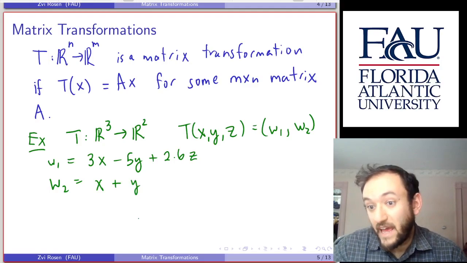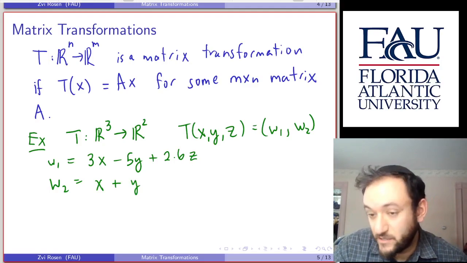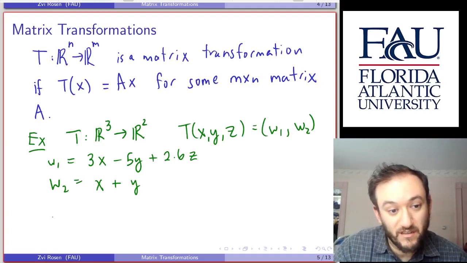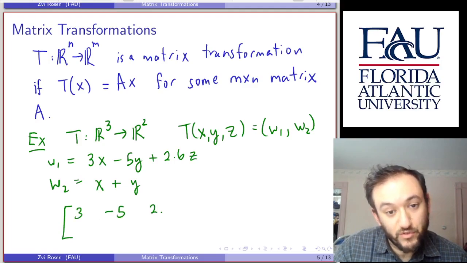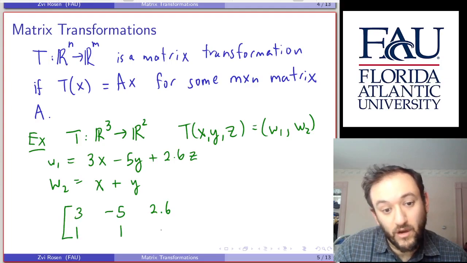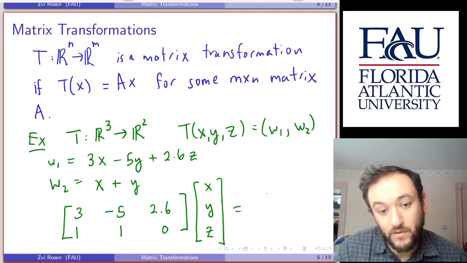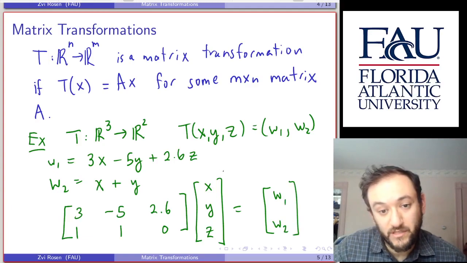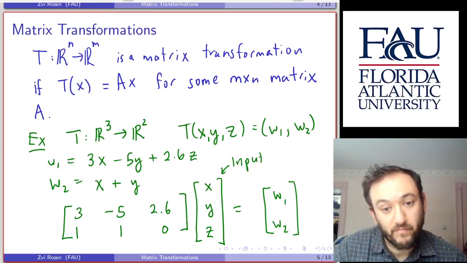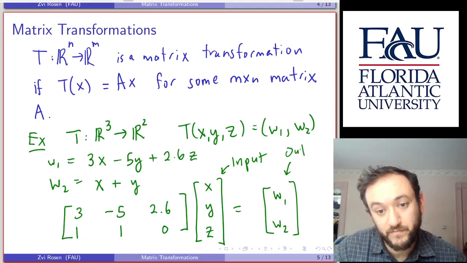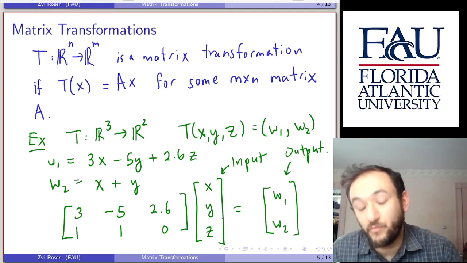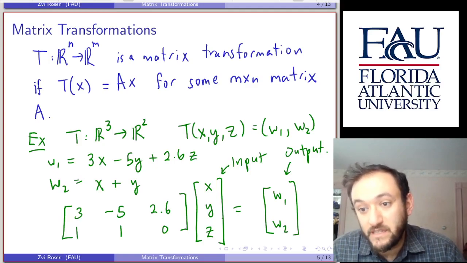Then I can also describe this, instead of as a transformation, as a matrix multiplication. Specifically, the matrix [3, -5, 2.6; 1, 1, 0] times x, y, z equals the output W1, W2. So these are my inputs, and this is my output. We have a vector with 3 coordinates as the input, and a vector with 2 coordinates as the output.